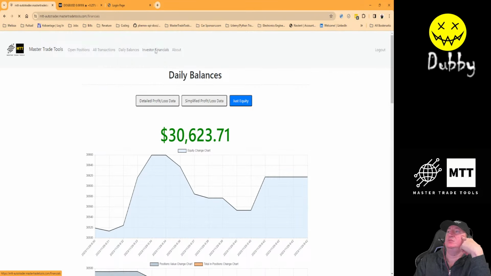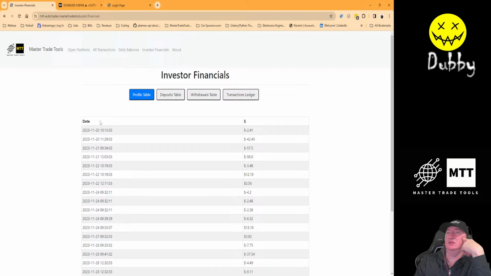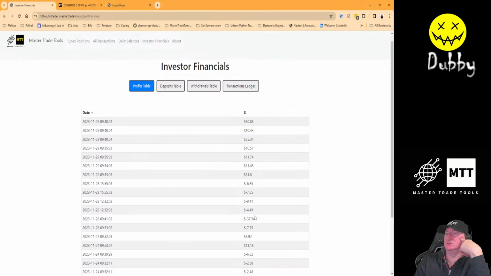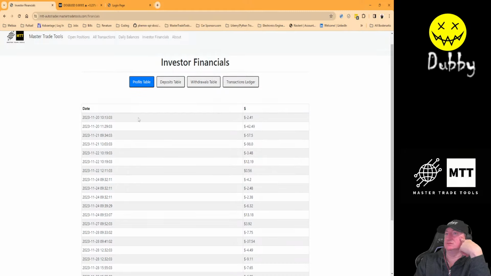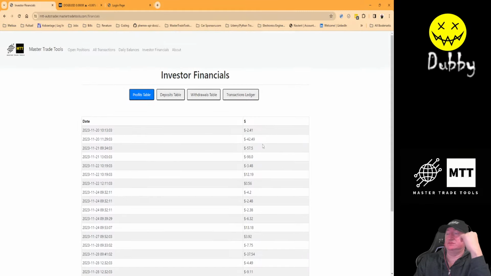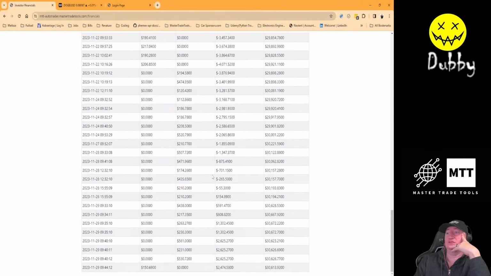Wanted to see what we've actually made today. $30, 30, 10, 25, 10, 11, 14. So nothing major. Not yet. But it's still all been profit today, so that's good. There's our transaction ledger.